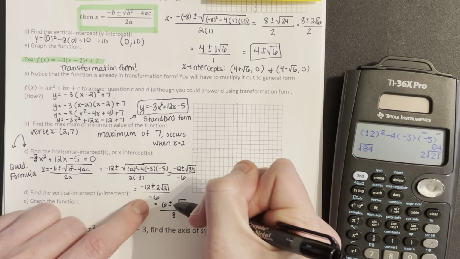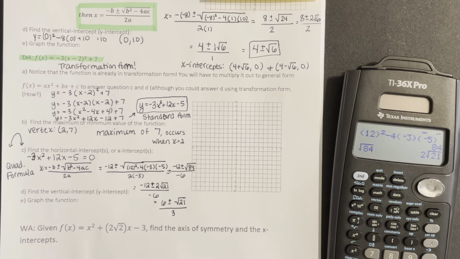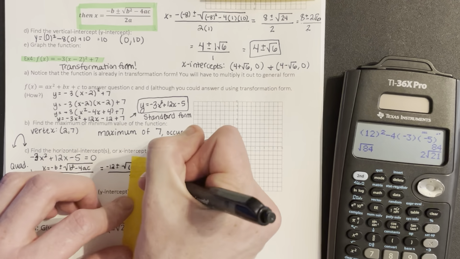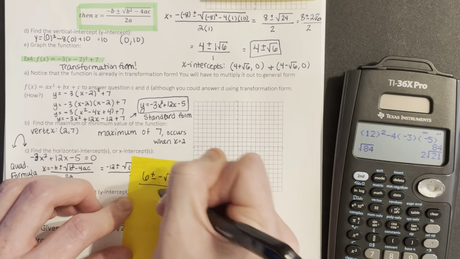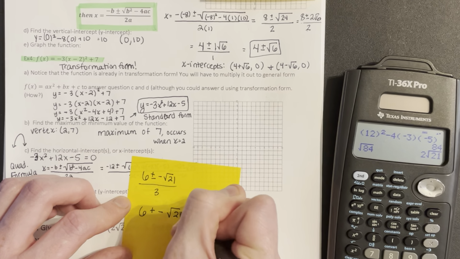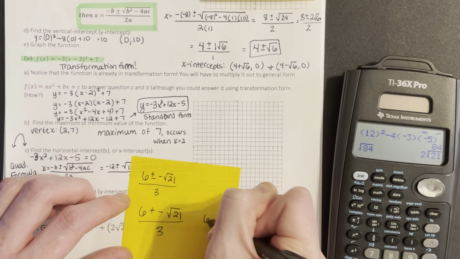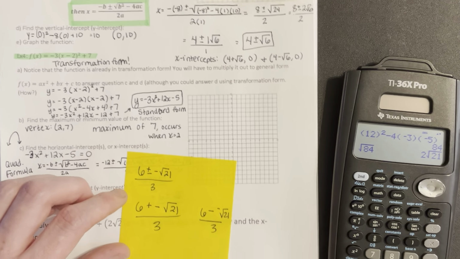So the reason I left this as a 1 here is because when you're doing plus or minus, it's going to take care of it. So let's say I have 6 plus or minus negative square root of 21 over 3. That's 6 plus negative square root of 21 over 3, and 6 minus negative square root of 21 over 3.